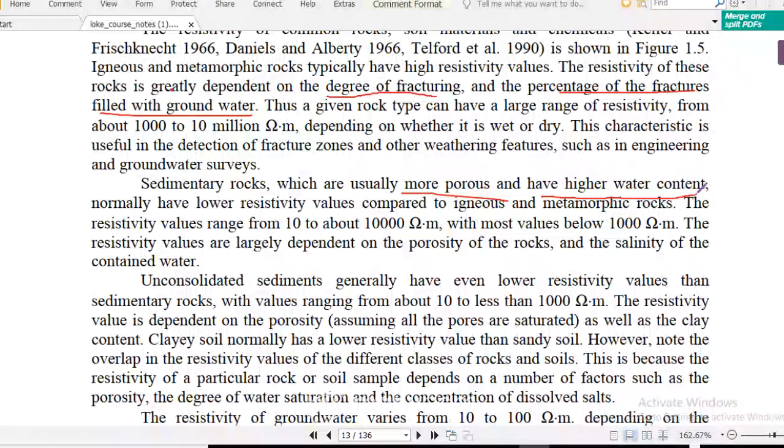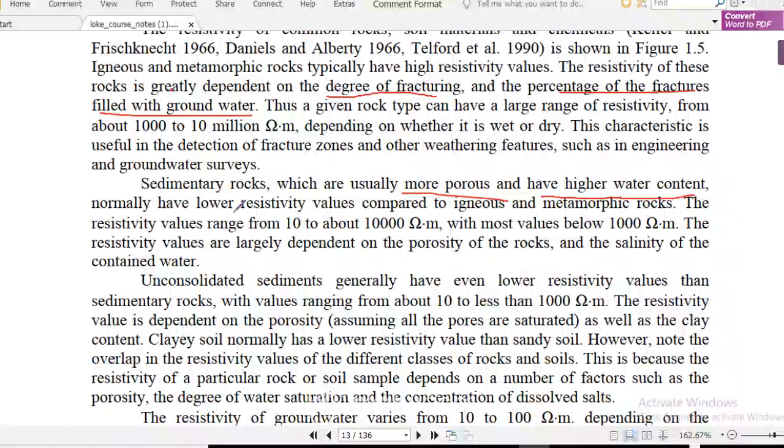The resistivity values range from 10 to 10,000 ohm meters, with most values below 1,000 ohm meters.